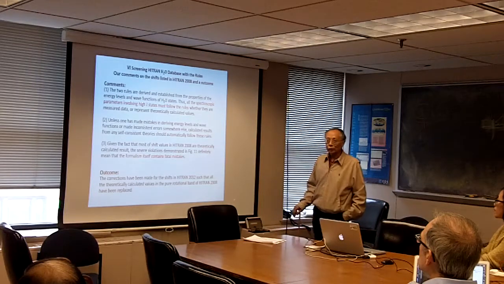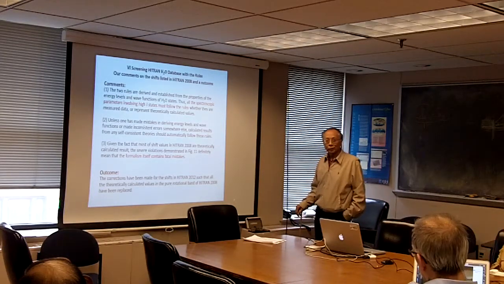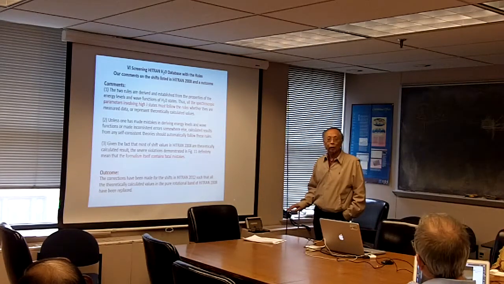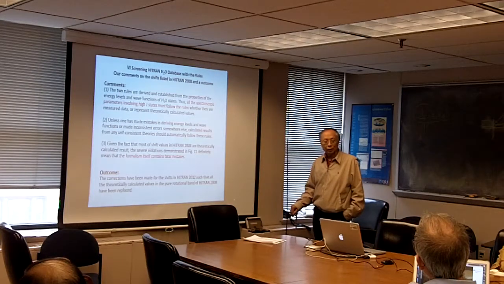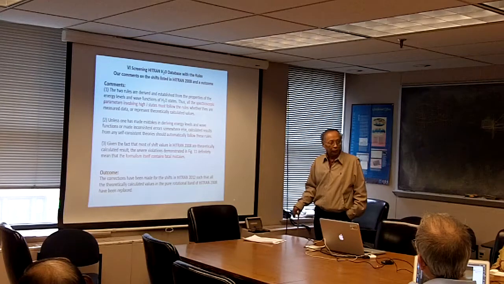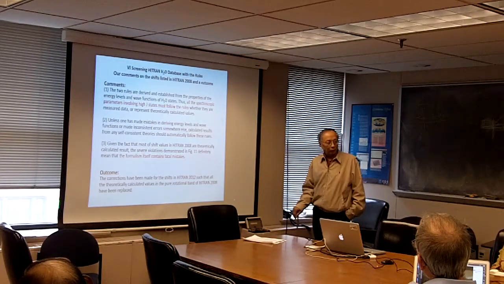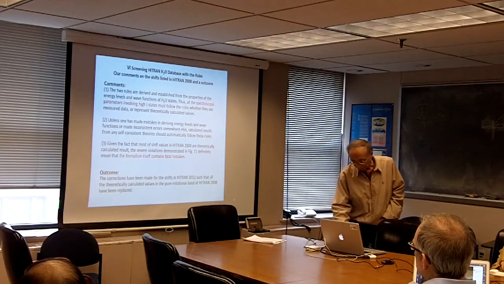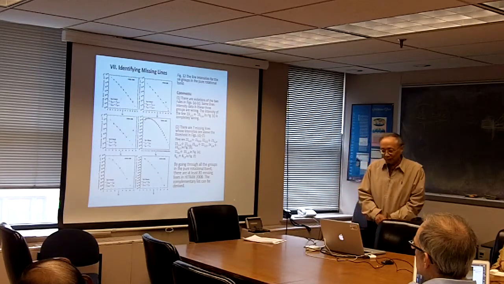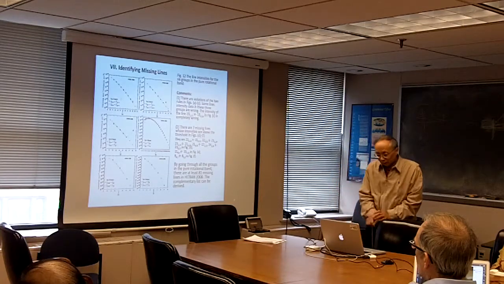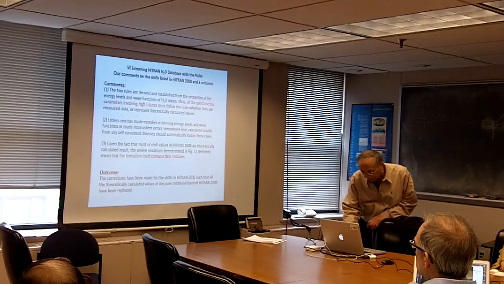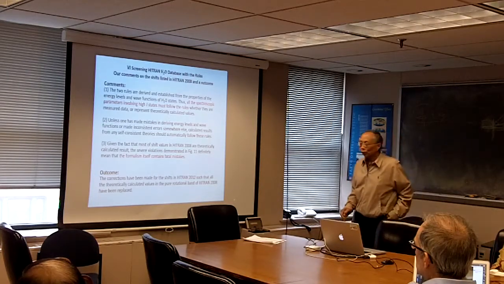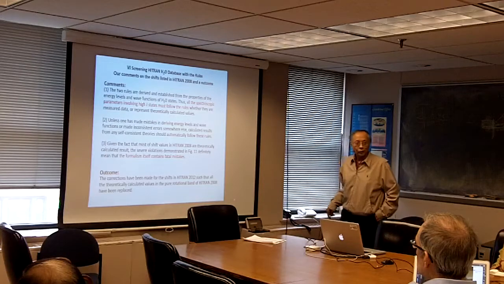I told the person in charge that he made fatal mistakes with the high J states, and I told him I could help him fix it. I sent my code to him. He had to go back. What was the outcome?